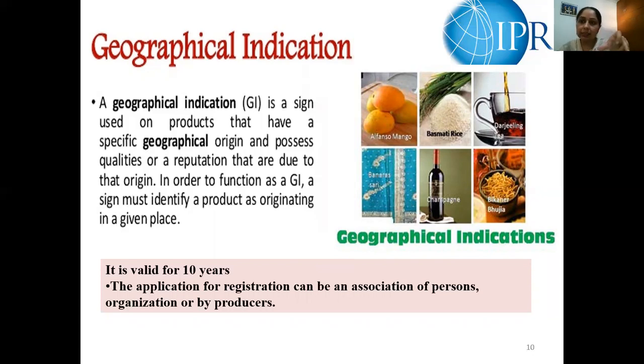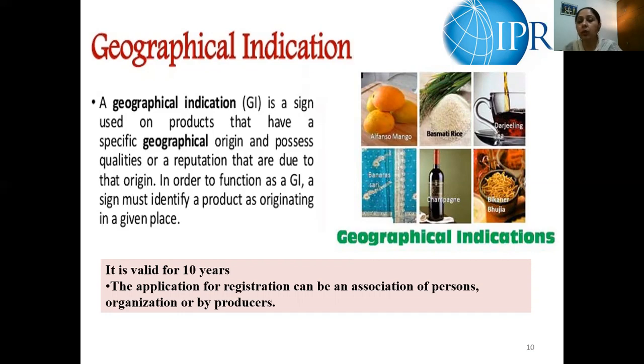When any rice packet has the term basmati rice, you are actually using a geographical indication, because basmati rice indicates that this rice category is of a particular origin in areas of Haryana, Punjab, where basmati grows.